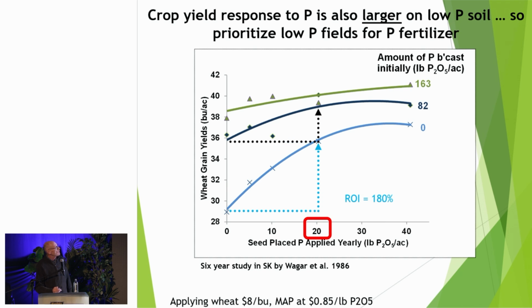On the one that has been built up, there's still a positive return to nitrogen, 40%, but less. And on the soil that had been built up higher than that, it was actually a negative return. The extra yield I was getting was costing more than it was returning.